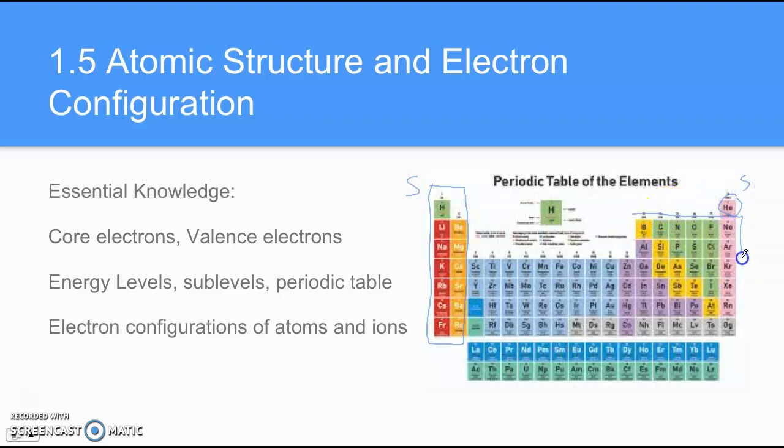The last 6 columns on your periodic table are your P block. This middle section right here, the transition metals, is the D block, and down here is your F block. So those are the different sublevels on the periodic table.